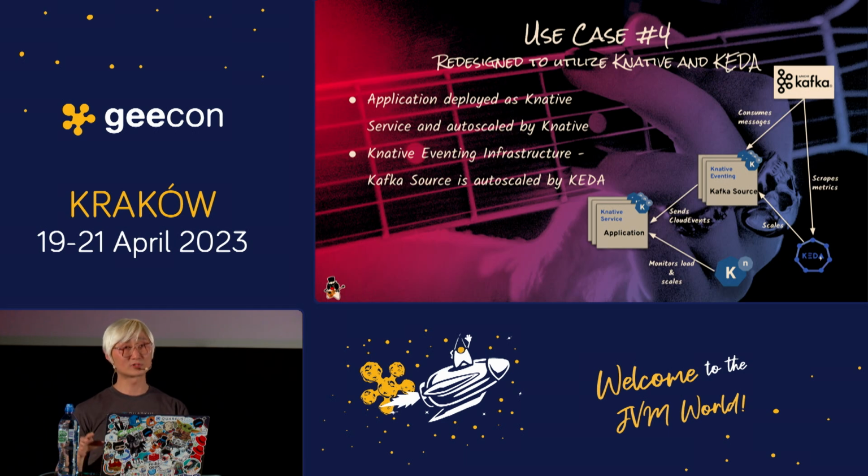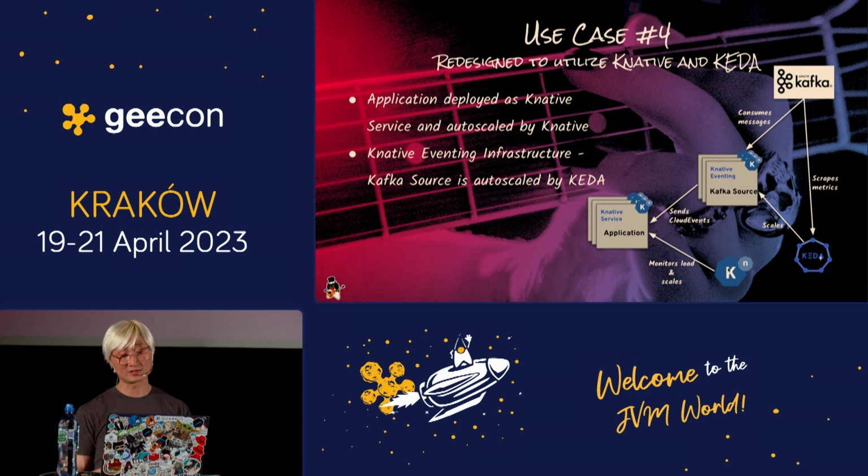And here is the final redesigned architecture for auto-scaling. As you can see, it's pretty complicated, I know that, but KEDA still scrapes and gathers data from the Kafka cluster. In the meantime, Kafka sends messages to the Kafka source, and the Kafka source sends the message back to the application using Knative eventing.